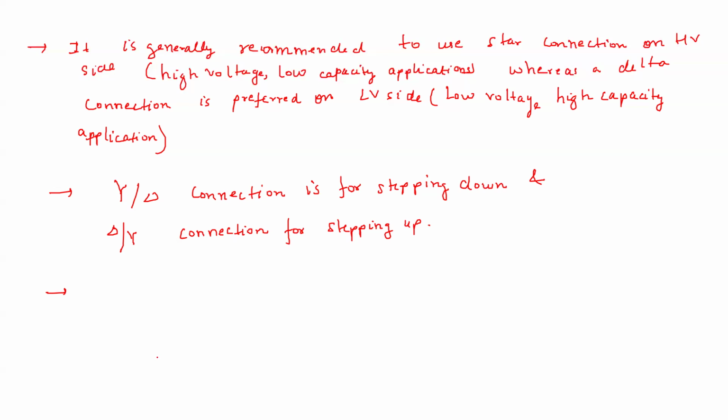Okay, so you see they are used for stepping down, but still in those applications we use the star connection on the low voltage side. Okay, because on the star side we will be having the three individual phases accessible. So for that, on the distribution side this rule is not followed. Okay, so the distribution loads are the exception of this above rule.